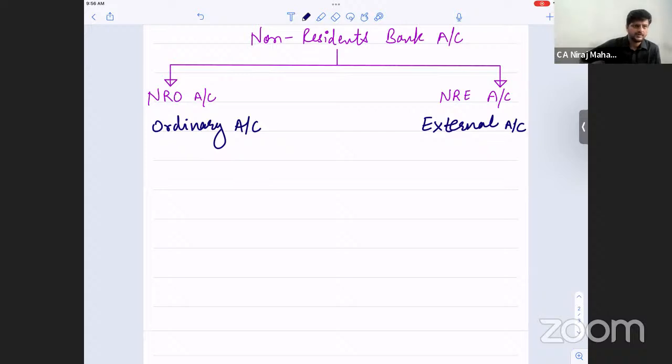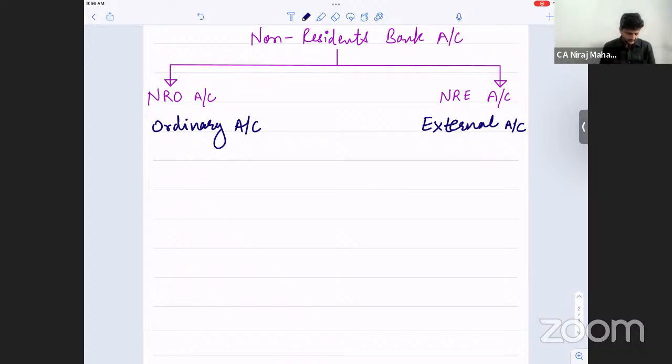Are you getting my point? That is an ordinary account where deposits as well as withdrawals are in rupees. When I have to transfer to somebody, it is already through banking channels, so the bank will convert as per the foreign exchange rate. I'm talking about deposits or withdrawals, which will always be only in rupees.